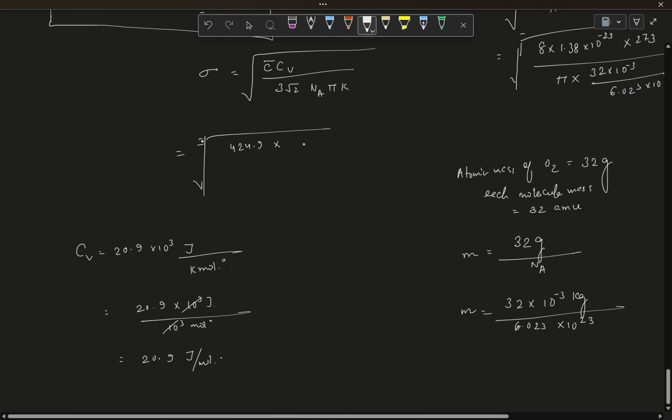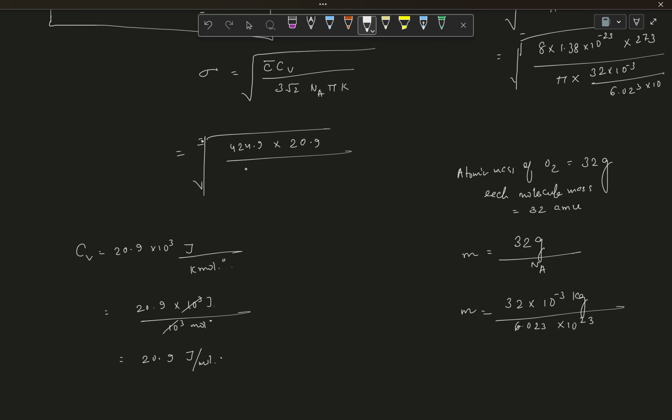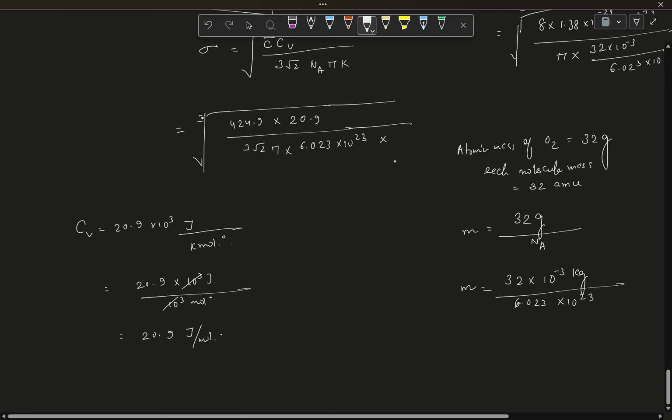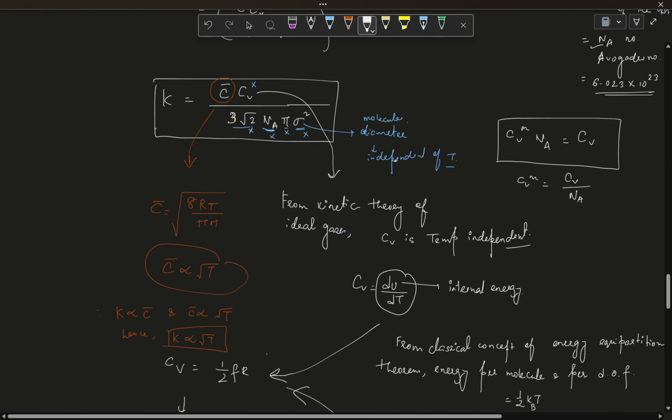Now if you just write it down, it is 424.9 into 20.9 in SI unit, the 10 to the power 3 and minus 3 cancel out here, so we will not write that, divided by 3 root over 2 into pi into 6.023 into 10 to the power 23, into k. The k value is, I think, given in the question, right?